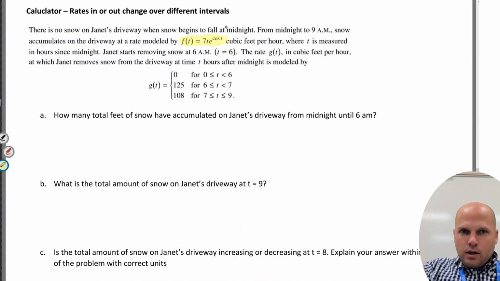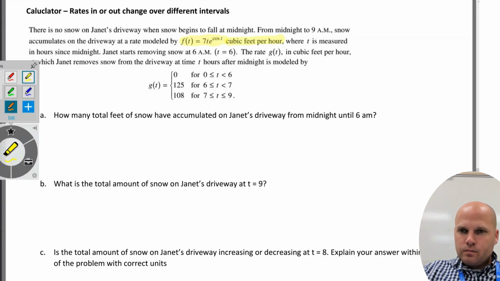Janet sees that snow is falling or accumulating on the driveway at the rate of F in cubic feet per hour. And then Janet starts removing snow at G cubic feet per hour.